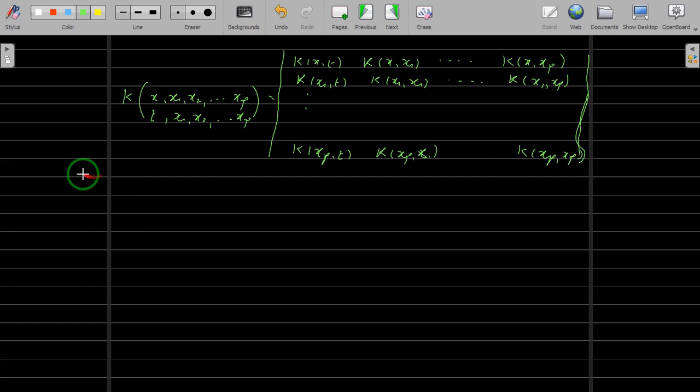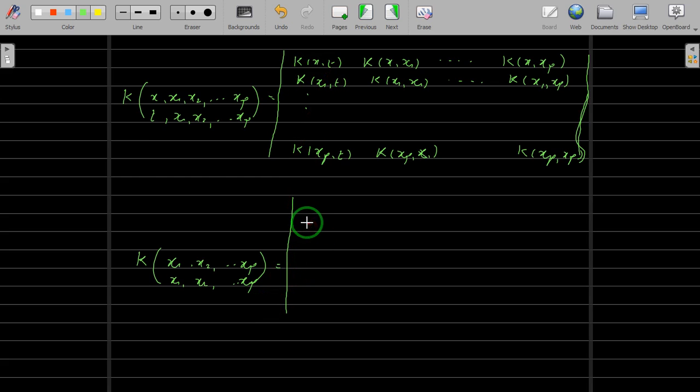Okay, and again we have this K with arguments x1, x2 up to xp and x1, x2 up to xp. This is given again by a determinant, of order p by p, not like here where we have p plus 1 by p plus 1.